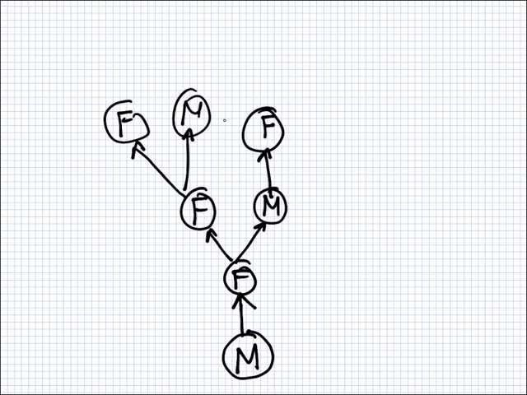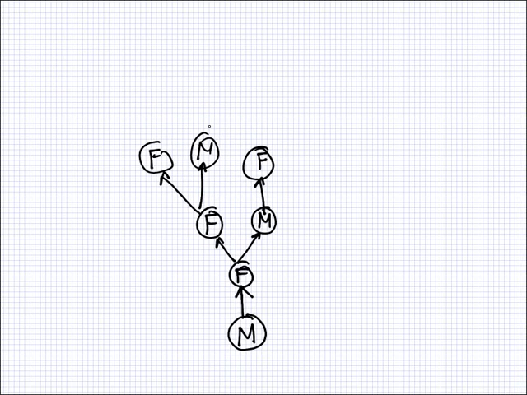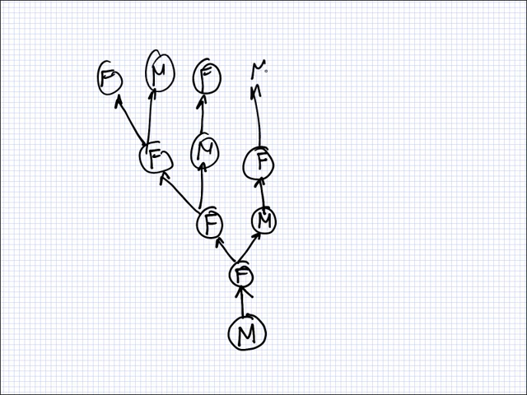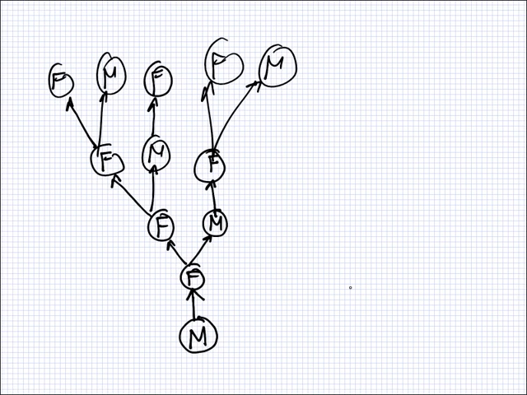Okay, let's do one more and then we try and figure out the pattern. Male bees have only a mother. Female bees have mother and father. So look, we start off with our male bee.